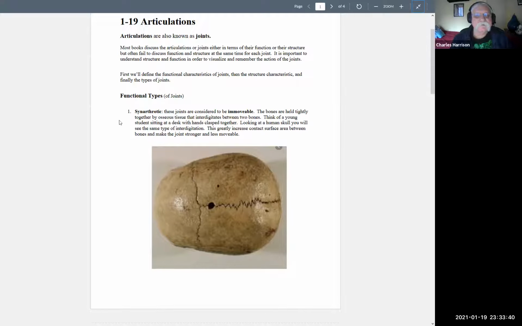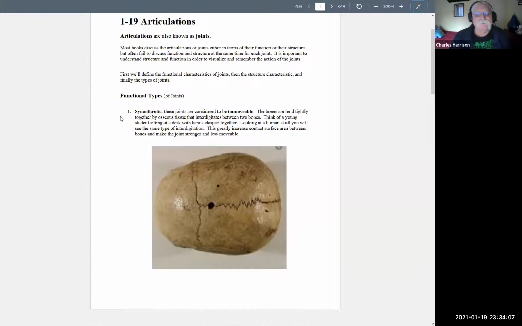Almost any book that we read discusses joints as to their structural makeup and also their functional makeup. And they do it separately, which I feel is crazy. Your book now, I picked that one because it has it correctly.